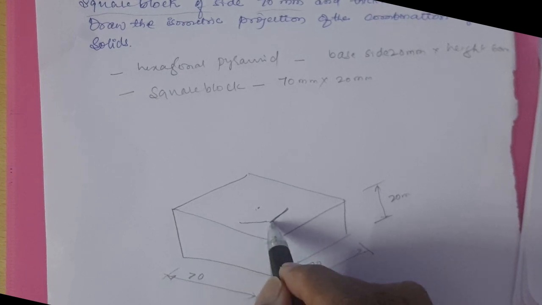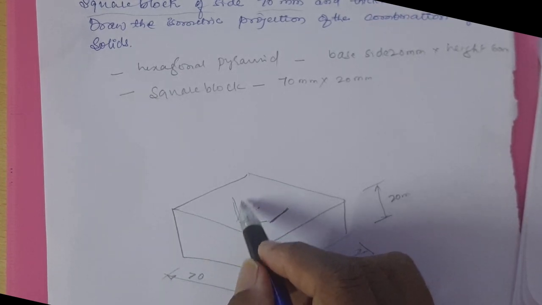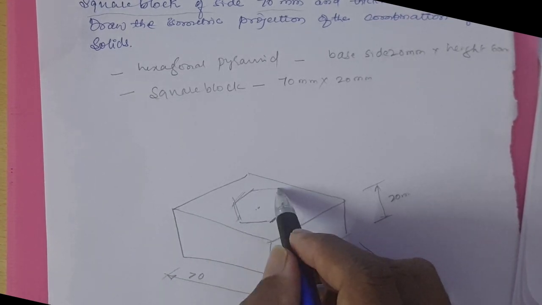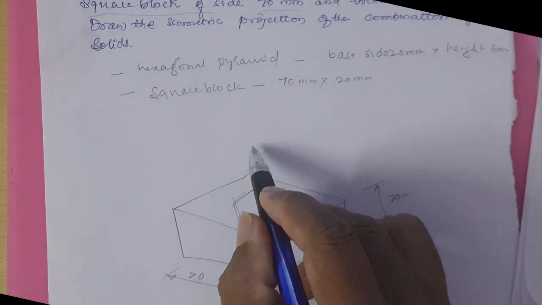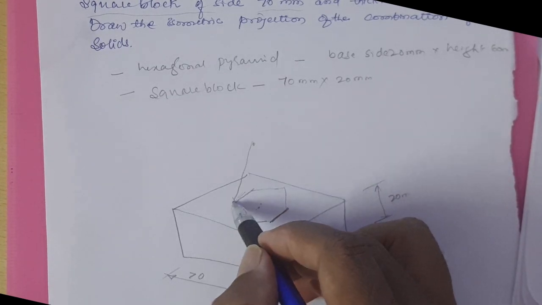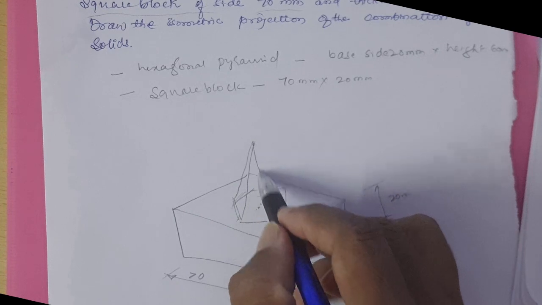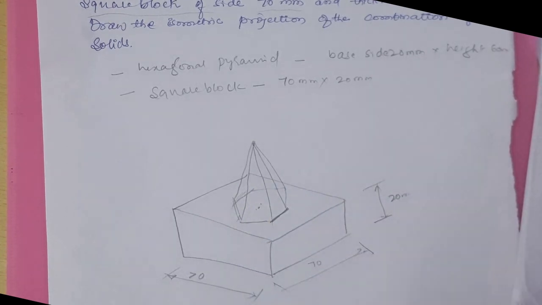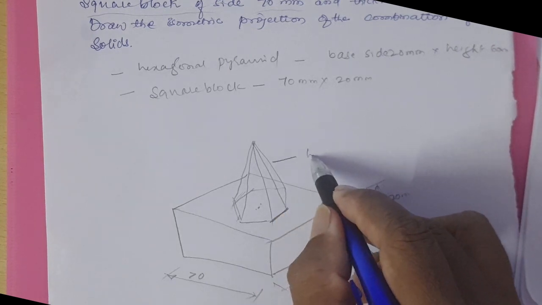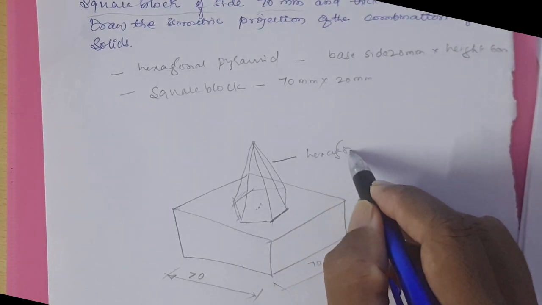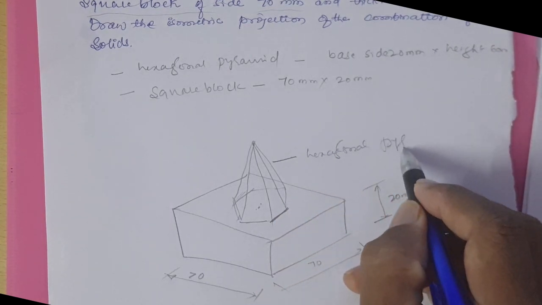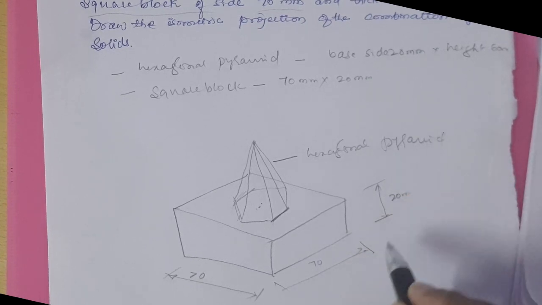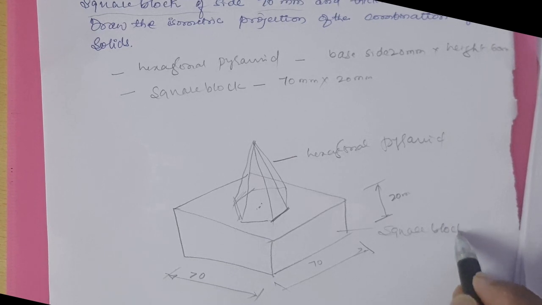So now this is a combination of a hexagonal pyramid and this one is a square block.